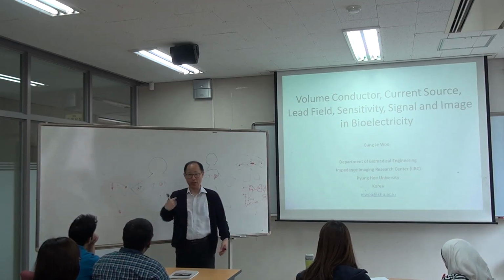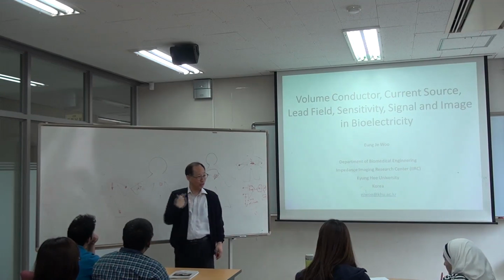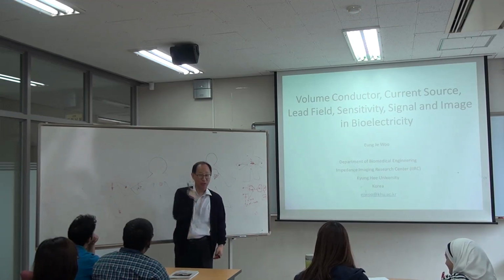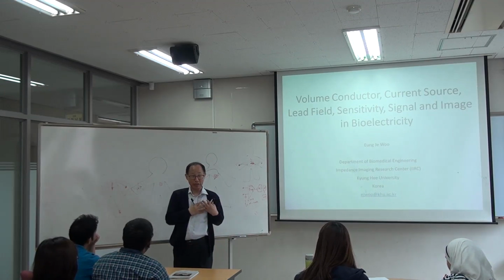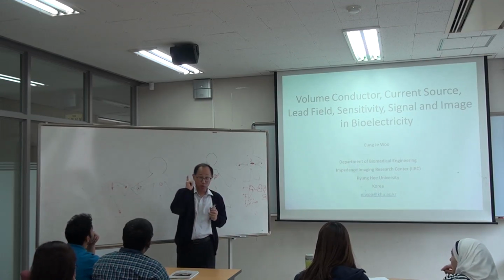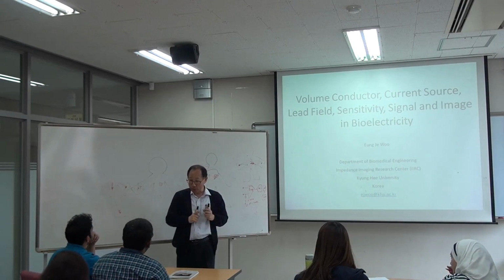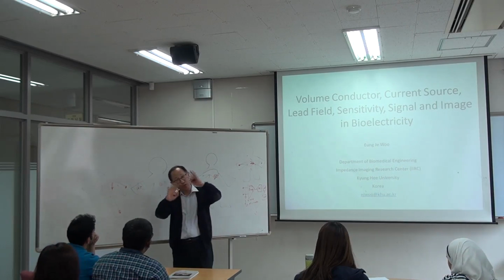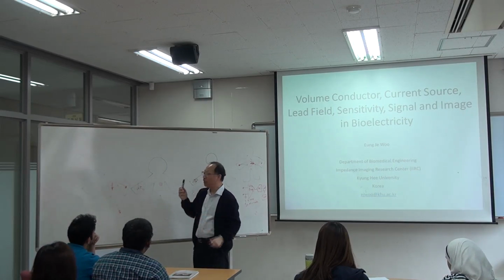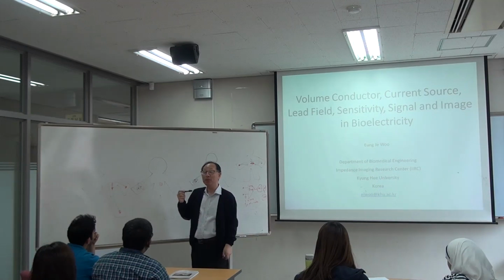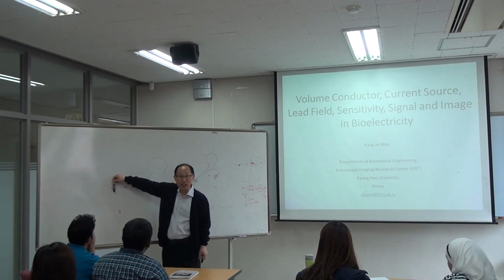We have 1 electrode pair between these 2 and a second electrode pair between these 2, the same heart. From the same heart, at a certain moment, there's going to be 1 equivalent dipole moment. During 1 cardiac cycle, that dipole moment happened to be this at a certain point of time.